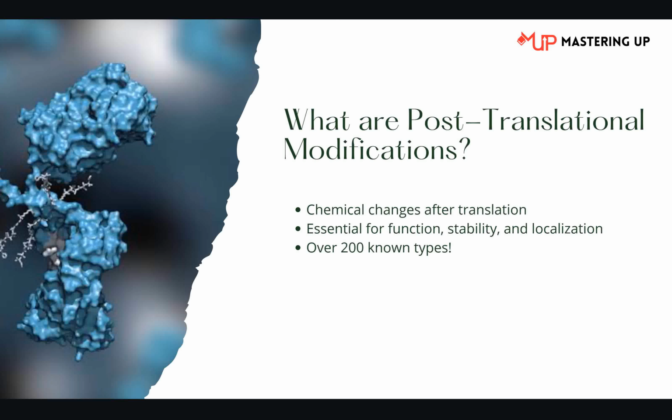These modifications refine the protein's shape, control its activity, and decide where it will go inside the cell. There are over 200 known types of PTMs, and they are found in nearly every organism.